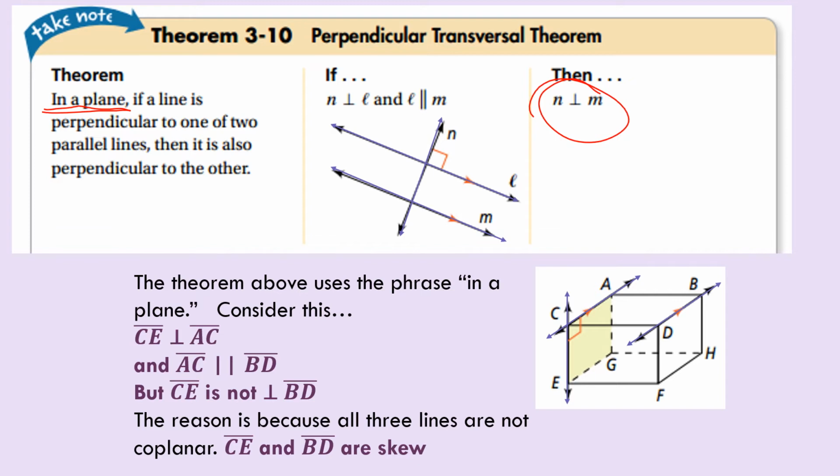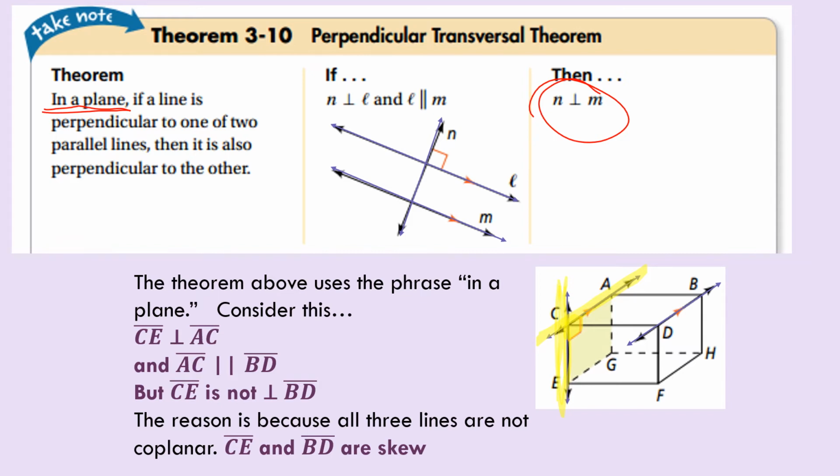Now, here's where I was talking about why "in a plane" is important. The theorem above and the theorem before use the phrase "in a plane." We need to consider a couple things. On this diagram, we have CE perpendicular to AC, shown by that little red box there.